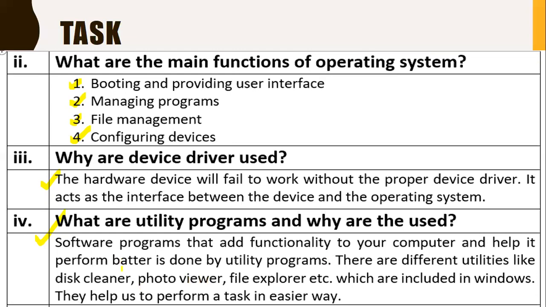Here we have a spelling mistake. Perform better, BETTER. It should be like this. There is a typing mistake. So you have to do these 4 question answers in your neat notebooks and then send me your answers for checking.